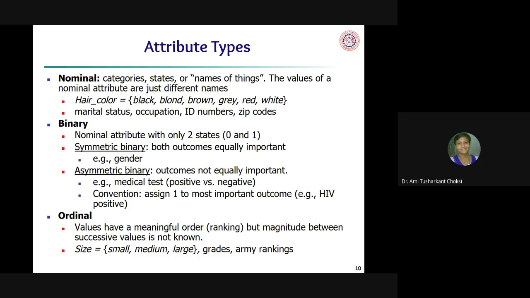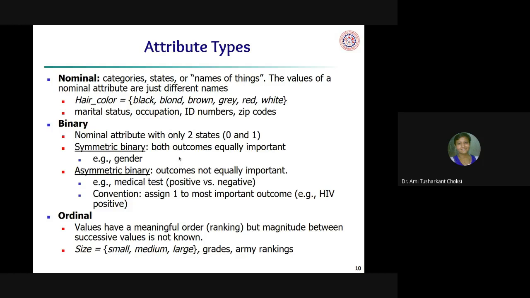So the next one is binary. We can understand that as a nominal attribute with only two states, 0 and 1. That is, binary is a specific type of nominal where only two states are there. There are two types of binary attribute. One is symmetric binary, which means both outcomes are equally important.